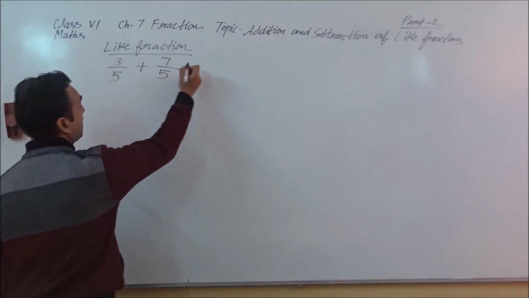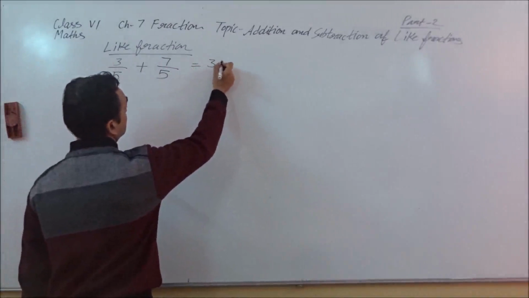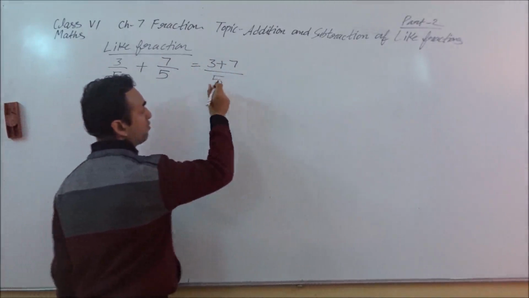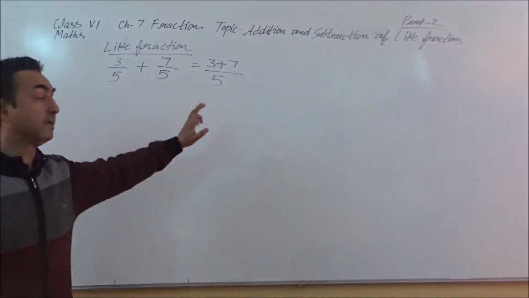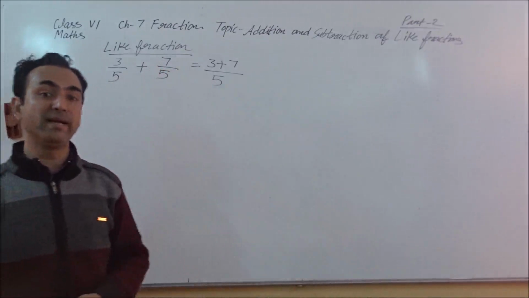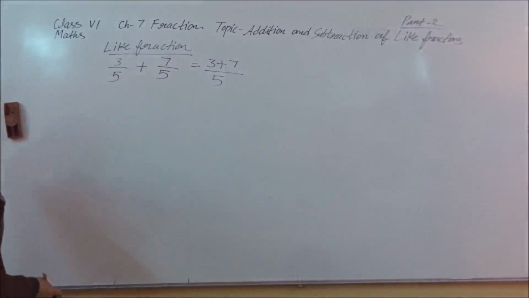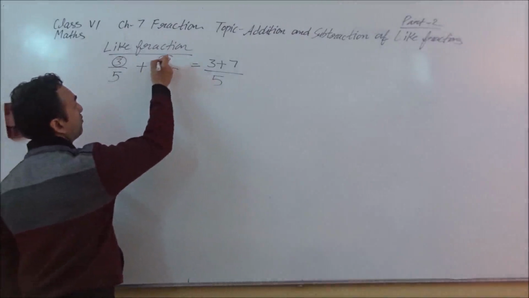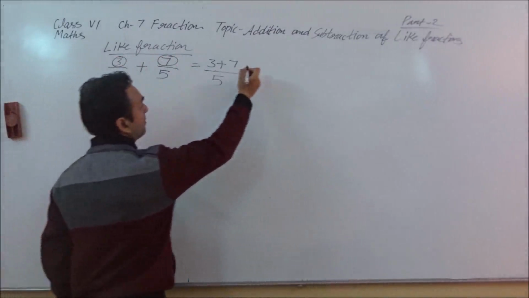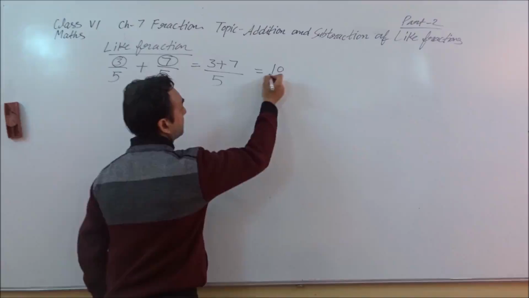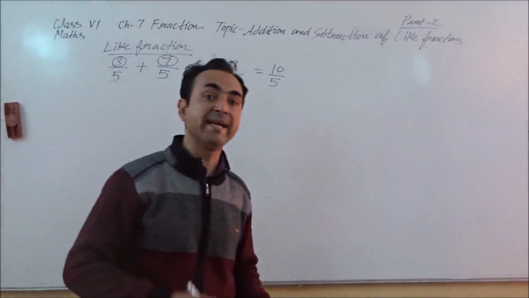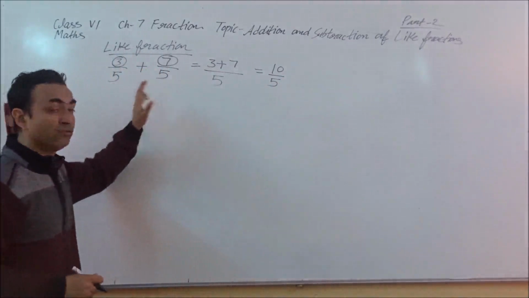You add only the numerator, 3 plus 7, divided by 5. The denominator will not add. Remember, we add only the numerator in the addition of like fractions. So 3 plus 7 you get 10 upon 5.